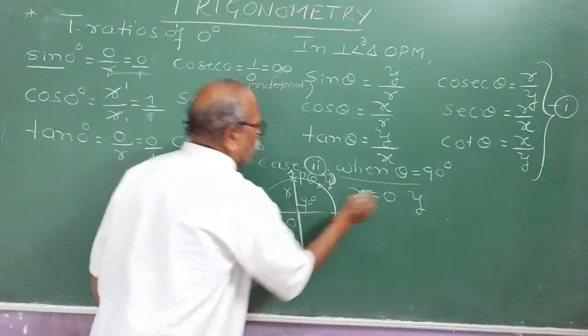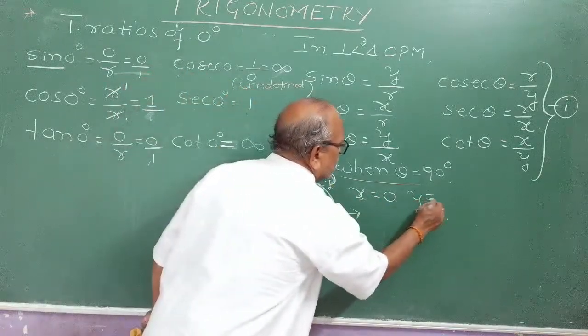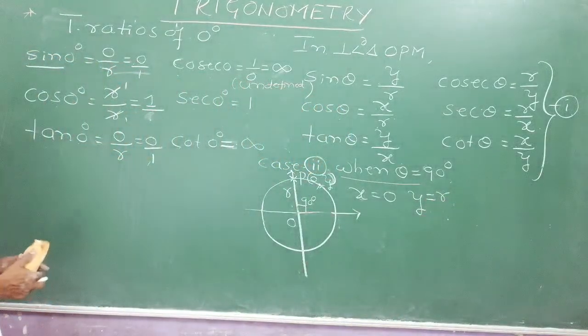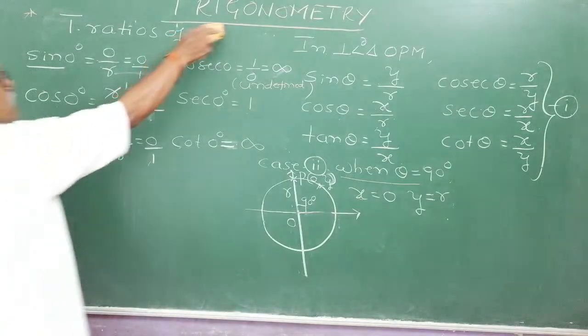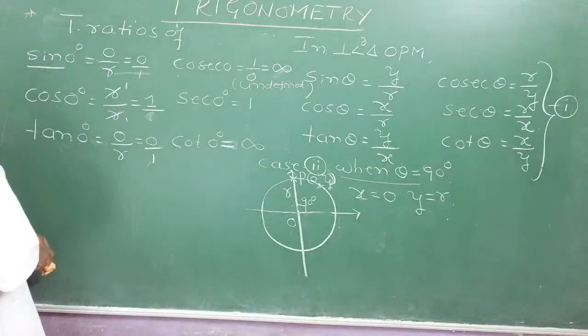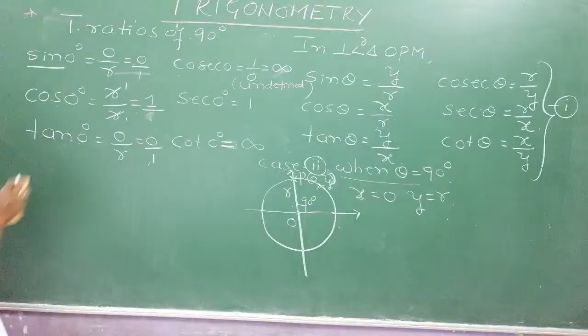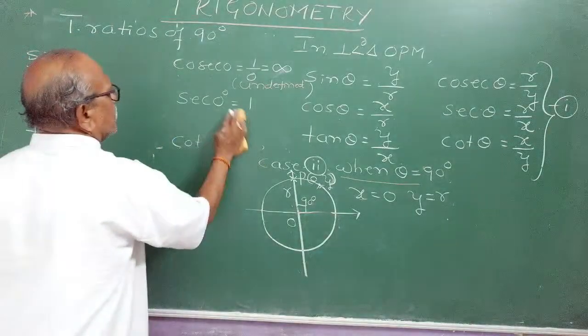x becomes 0 and y becomes what? Radius. These are the changes. It is very simple and easy to understand, my dear students. Now we'll write all trigonometric ratios of 90 degree. I will change all the angles into 90 degree, all the 6 trigonometric ratios.